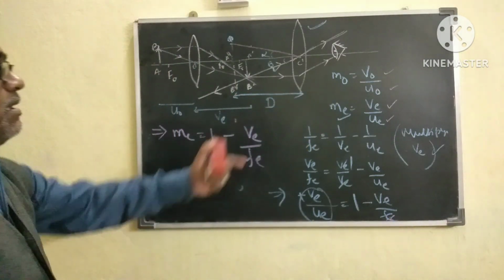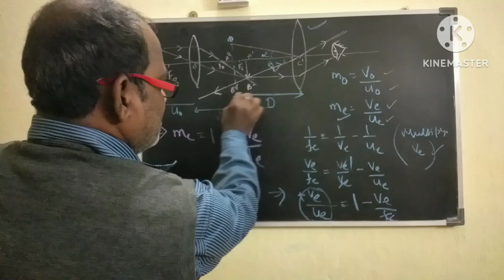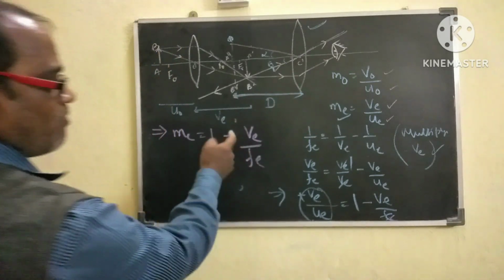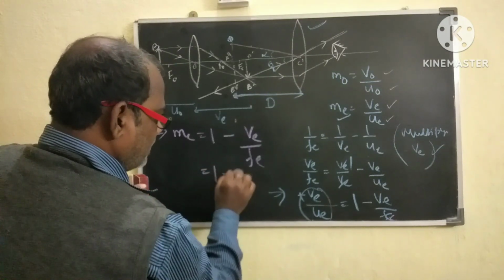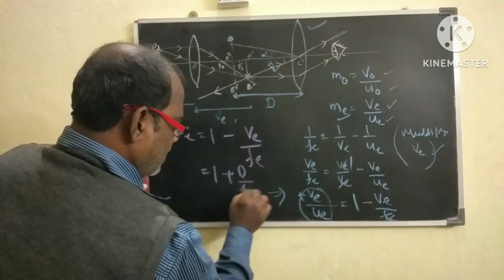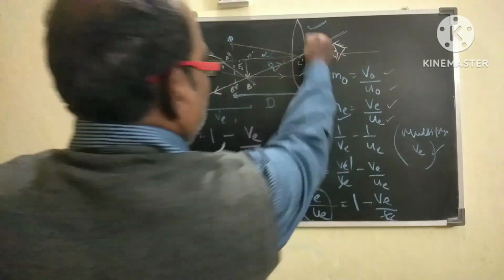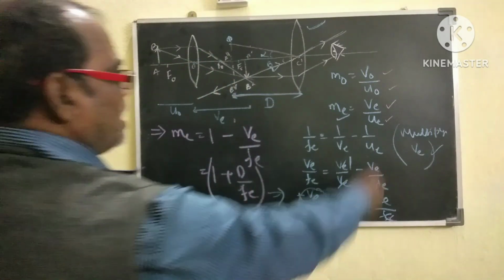Now applying the new Cartesian sign convention, Ve is kept at the least distance of distinct vision, which is taken to be negative. So negative of negative becomes positive, and we can write 1 plus D by Fe. So this is the magnification due to the eye lens, and the magnification due to the object lens we have also got.